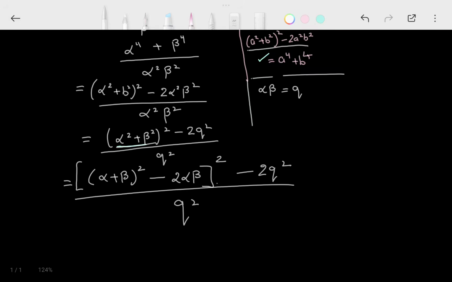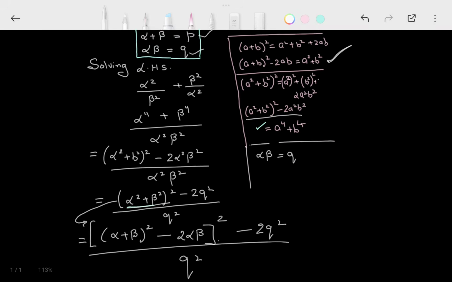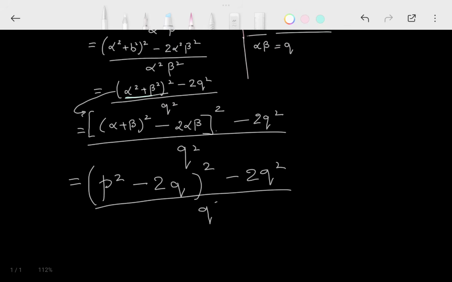So in place of this, we are replacing it with this using the identity. Now we already know alpha plus beta is equal to p. So replace alpha plus beta with p. Let's see what we get. We get p square minus twice alpha beta, that is q, whole raised to the power 2 minus 2q square upon q square.